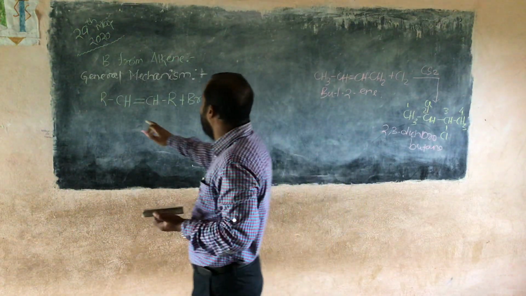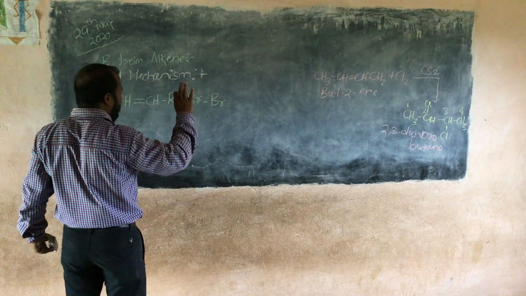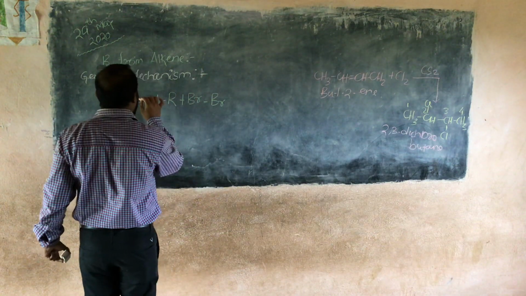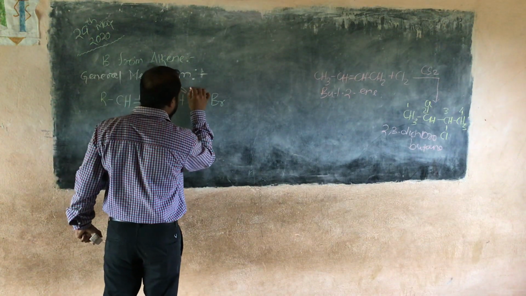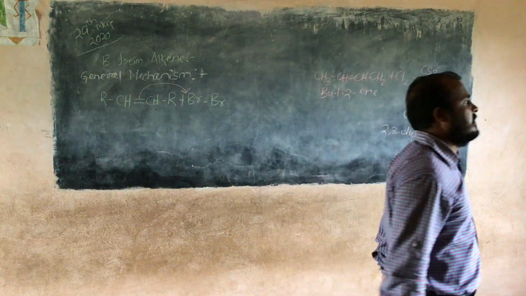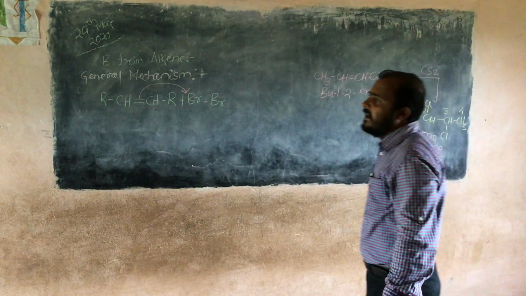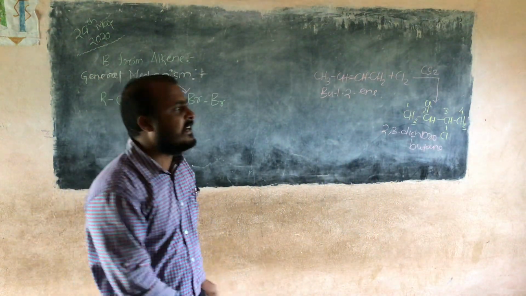So it is a nucleophile, hence you have to start the arrow exactly from the double bond. It attacks bromine. Halogens are electronegative in nature. That means they can accommodate an extra electron inside them.